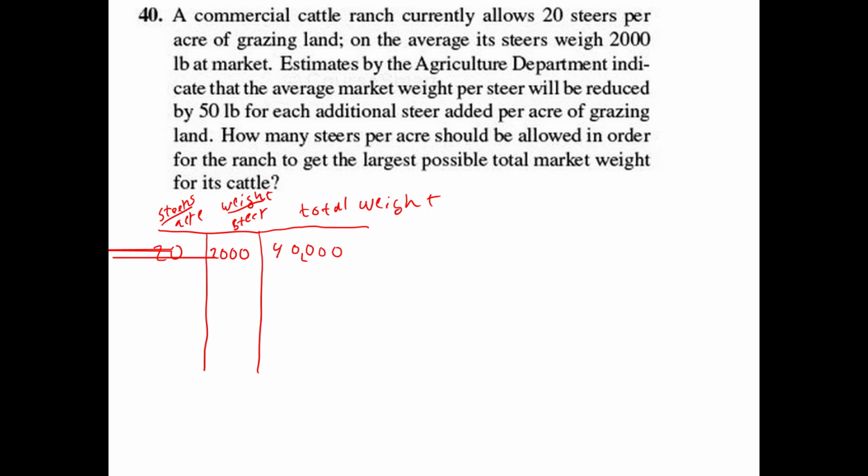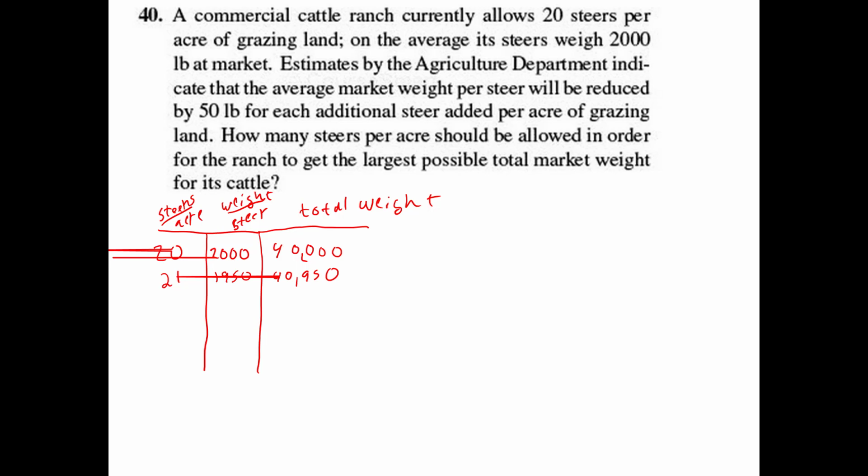So if you increase the steers per acre to 21, now you're going to lose 50 pounds per steer, and you're going to get 1950. And so you might be wondering, why would you do that? But the reason why you would do that is because the 21 times the 1950 is going to give you a slightly bigger 40,950 total weight.